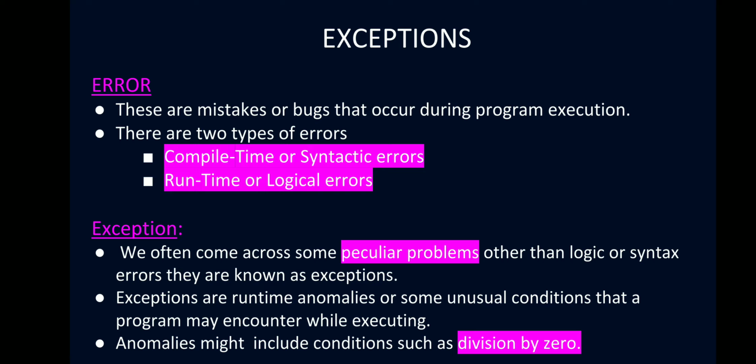An error is a mistake that occurs during program execution. It is also known as a bug. In general, we have two types of errors: compile time errors and runtime errors.